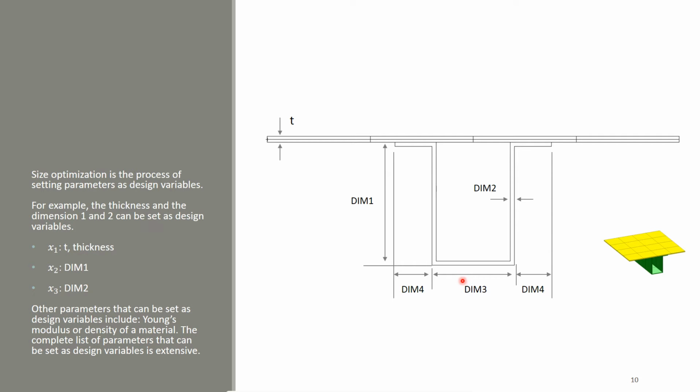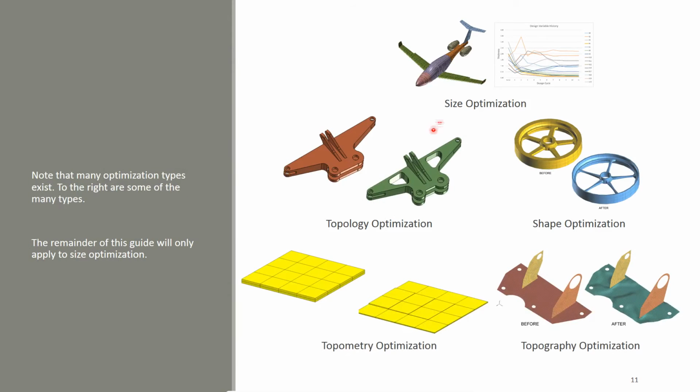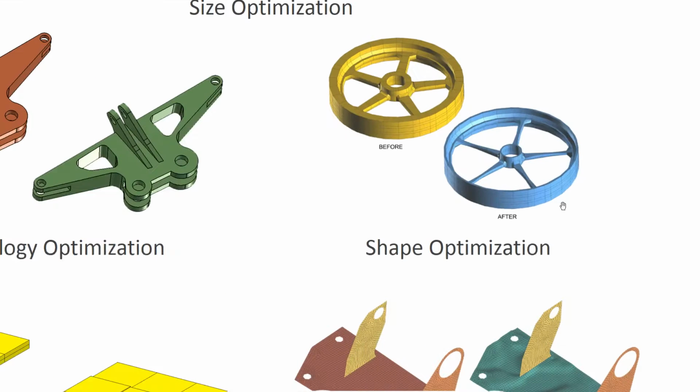This is a very big difference from the other optimization types. For example, topology optimization. That's the process of just removing material, almost like what a sculptor would do. Shape optimization. That's the process of selecting boundaries that can expand or contract.